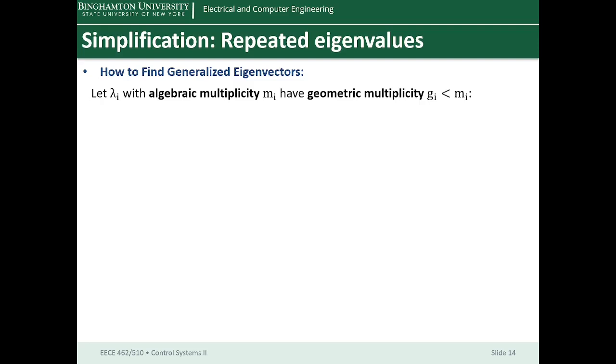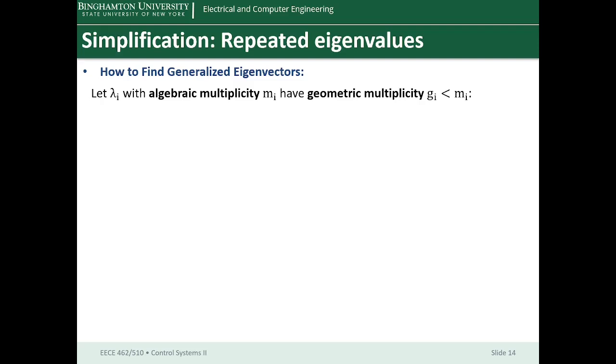This means that the null space of (λᵢI − M) has a dimension of gᵢ. So we have gᵢ independent eigenvectors to begin with. As we discussed before, for each eigenvector we can form a Jordan block, but we still don't know the size of each block. In other words, we don't yet know how many generalized eigenvectors belong to that chain.